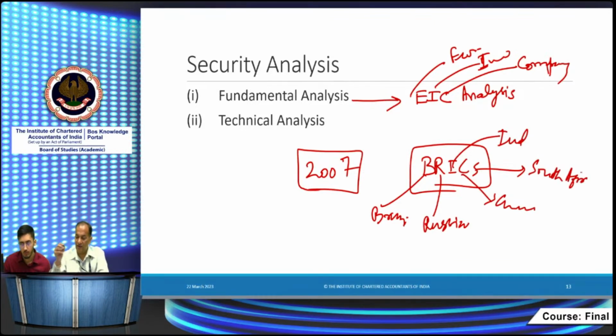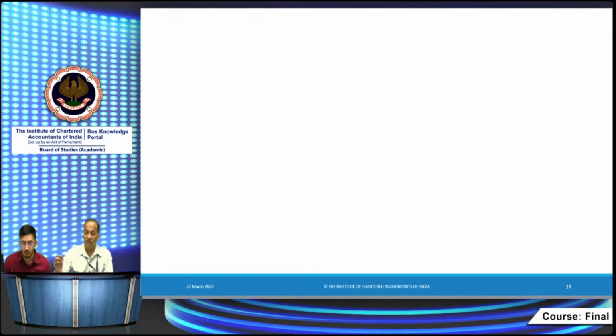These five countries were identified by worldwide investors for making investments. But before making the investment, they have to carry out their analysis. First, they analyze the economy.